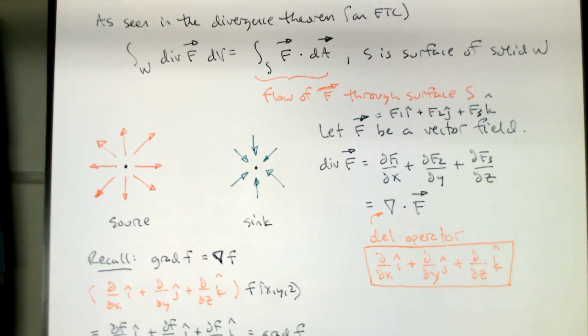But the idea with the fundamental theorem of calculus, going back to the divergence theorem and the fundamental theorem of calculus, is that at each point there's an amount of source or sink. And we can measure all that's going on just by looking at the vector field flowing through the surface of the solid.